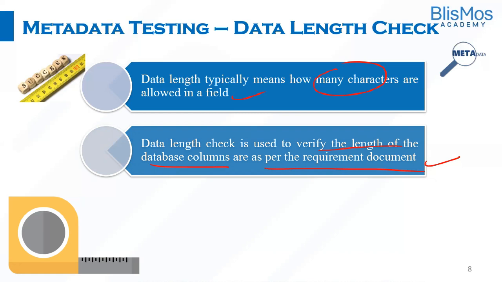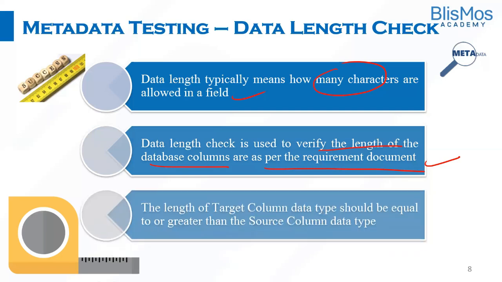If you specify less data length, then it will not hold all the 10 digits. Then there is a problem. That is where data length check is also one of the important aspects of ETL testing. So the length of the target column data type should be either equal or greater than the source column data type. In most of the cases, the length of the target column should be either the same as that of the source or more than the source.